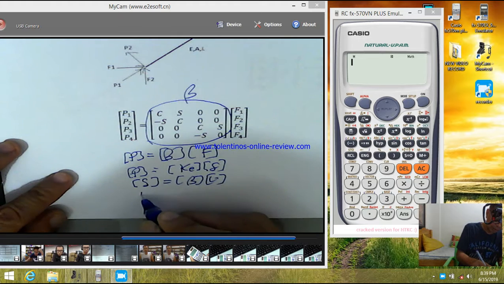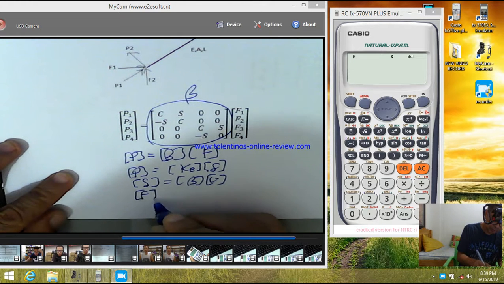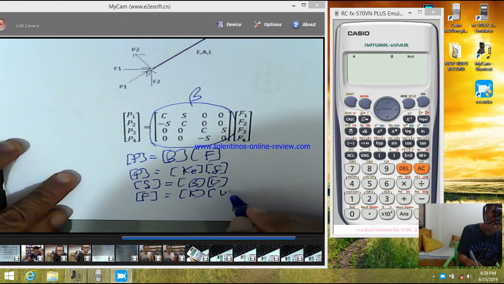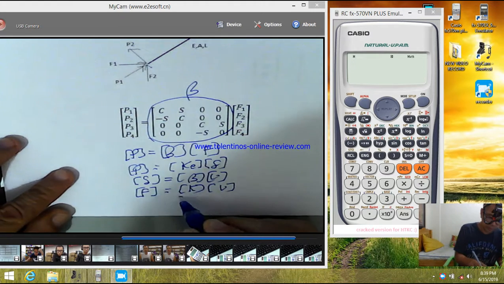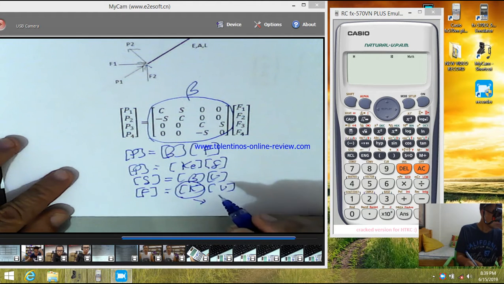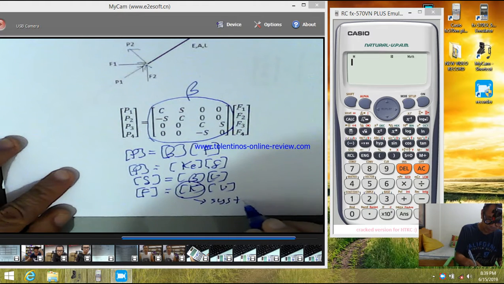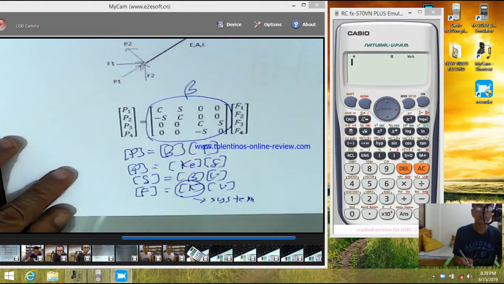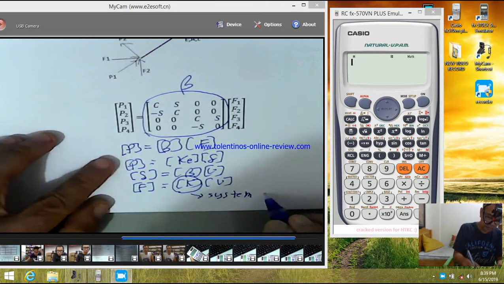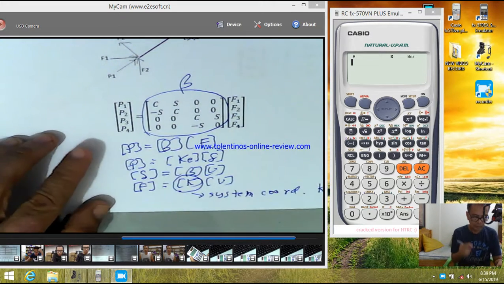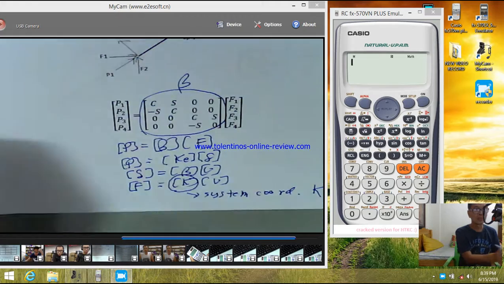And remember, our F is equal to K U. Now, itong K na to, ito yung system coordinate K. Okay. So, yun yung K na yan.